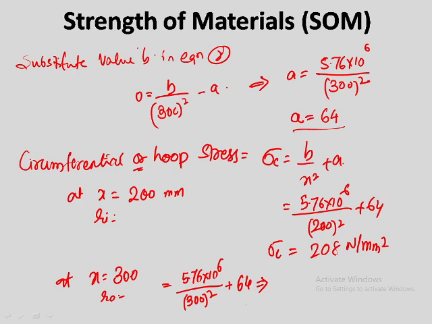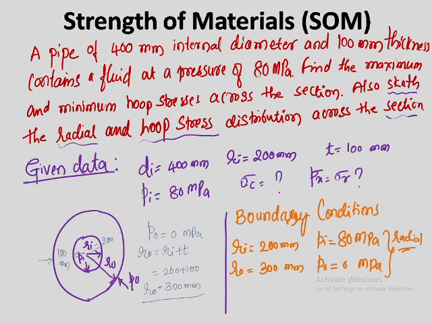You get 128, good. 128 Newton per mm square. Now I have calculated the required parameters at boundary conditions, right? So they have asked one more question here.